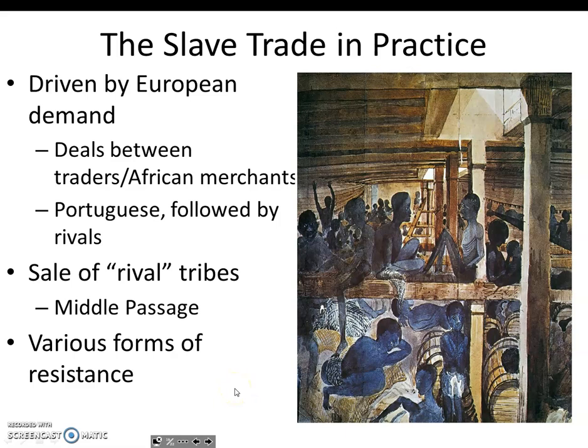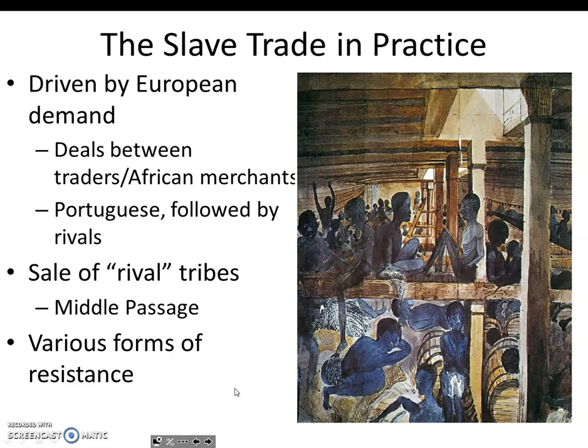About 10% of the voyages experienced some form of major rebellion, and resistance continued in the Americas, ranging from slow work to outright rebellion. Maroon societies were free communities of former slaves and were more common in the remote regions of South America and the Caribbean.